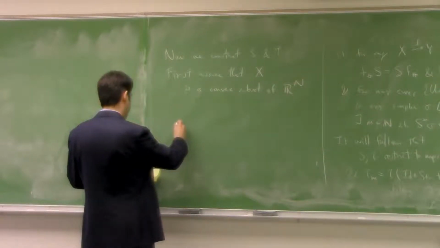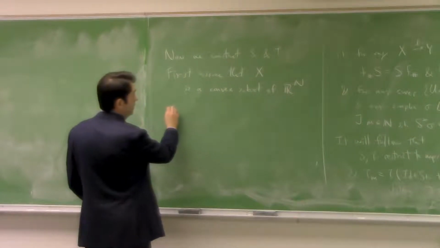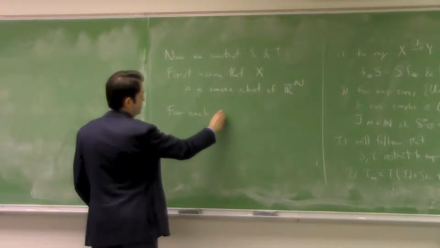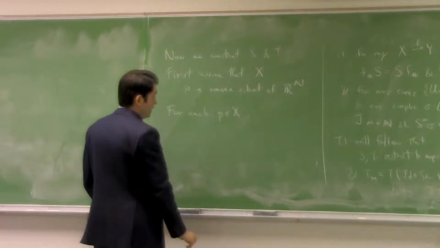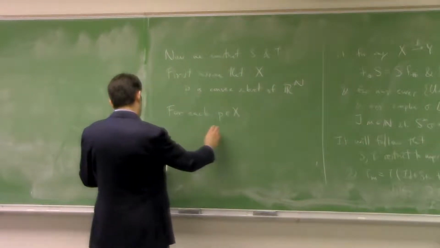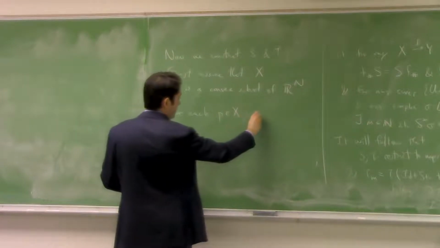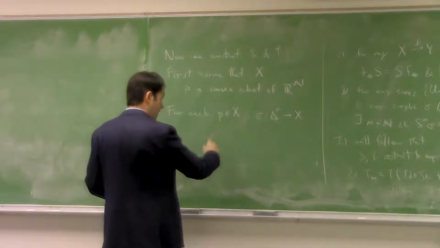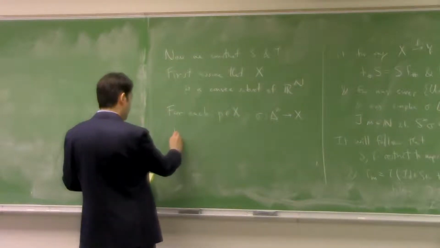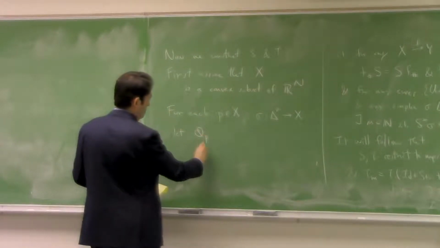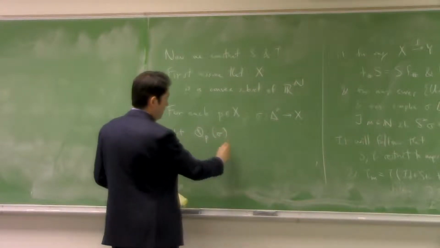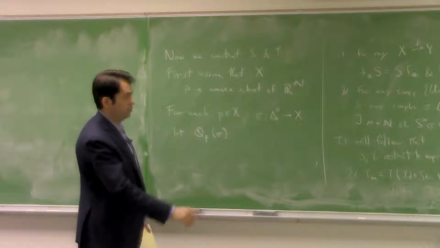And let's define a coning operator as follows. So for each P in X, and simplex, so I'm going to use Q, although I'm coning, because C is already doing too much work.